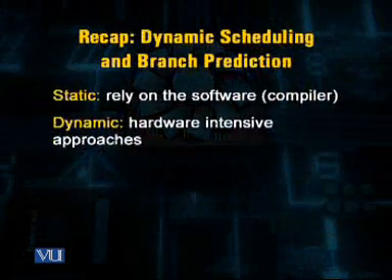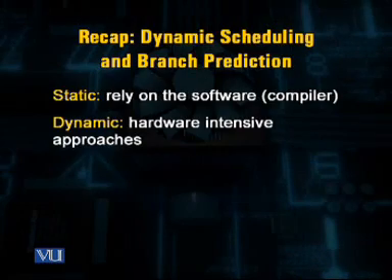These techniques are known as the static techniques and the dynamic techniques. The static techniques rely on the software, that is the compiler, whereas the dynamic techniques, which take care of the data dependency as well as the branches during the execution of a program, are handled by using hardware approaches.